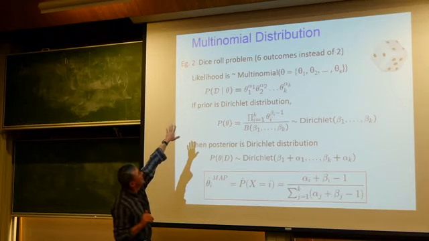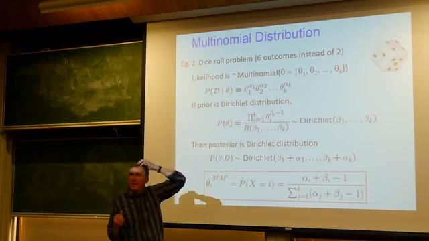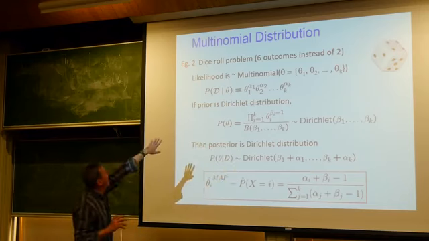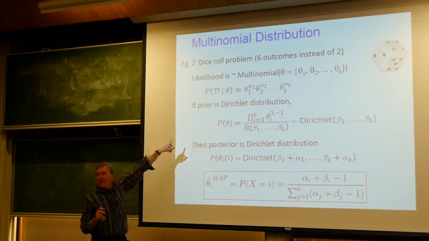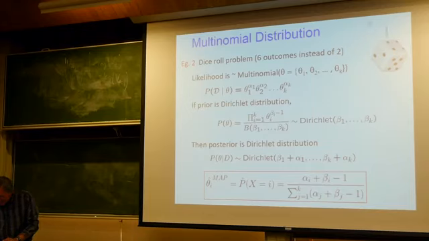So, when we talked about MAP estimates for coins, we could have talked about MAP estimates for a die. And let's do this for a second. So if we have a die and we roll it n times, or k times in this case, I'm sorry, it has k sides.